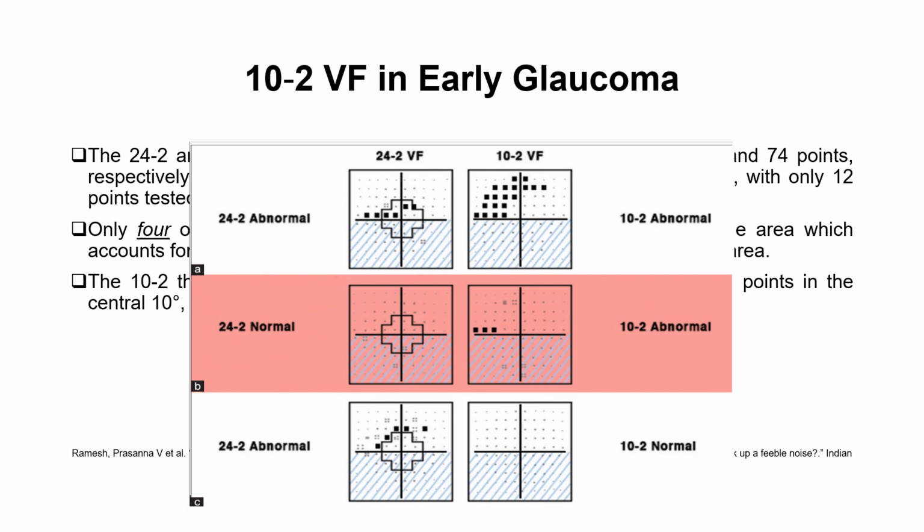And not only that, if you see, we have 3 scenarios. In the first, the 24-2 defects were like this, following this pattern, and also here will be abnormal in both fields. However, what will represent the reality is the 10-2 visual field, like this picture, the before picture we showed, compared to the 24-2 visual field.